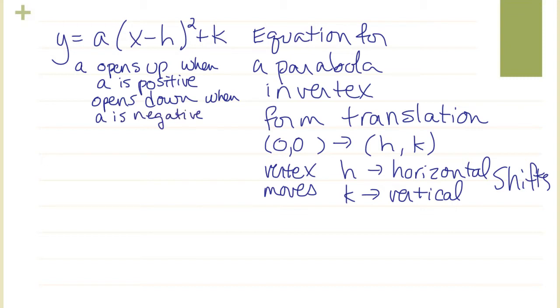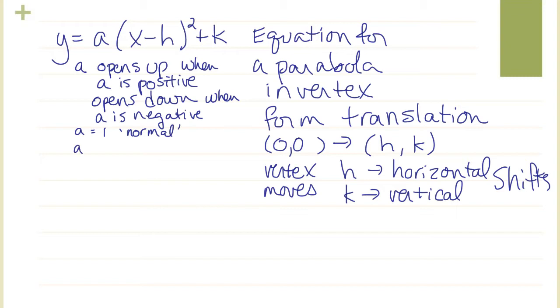A does something else. When A equals 1, I call it a normal width. That's not a mathy term. That's just the way I talk about it, because probably 75% of what we see is going to be an A of 1 or an A of negative 1. So we kind of get used to what those look like.